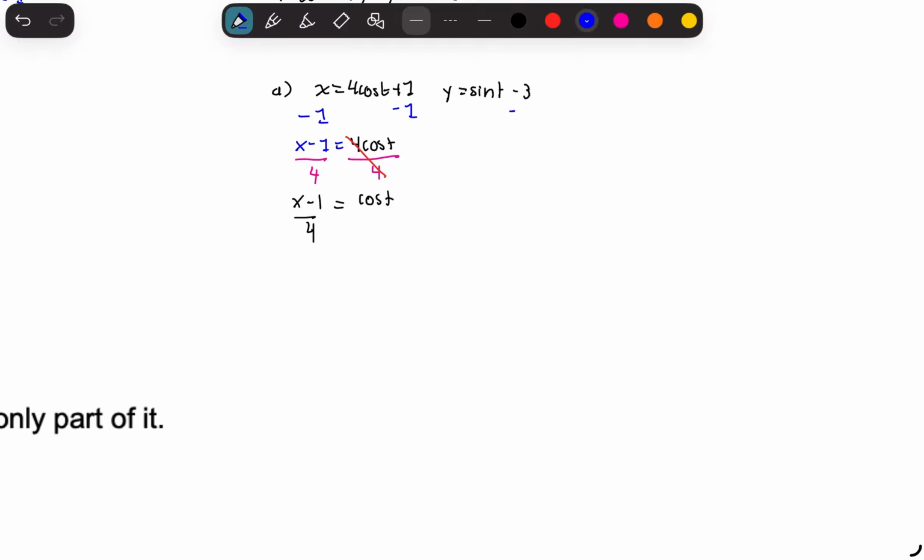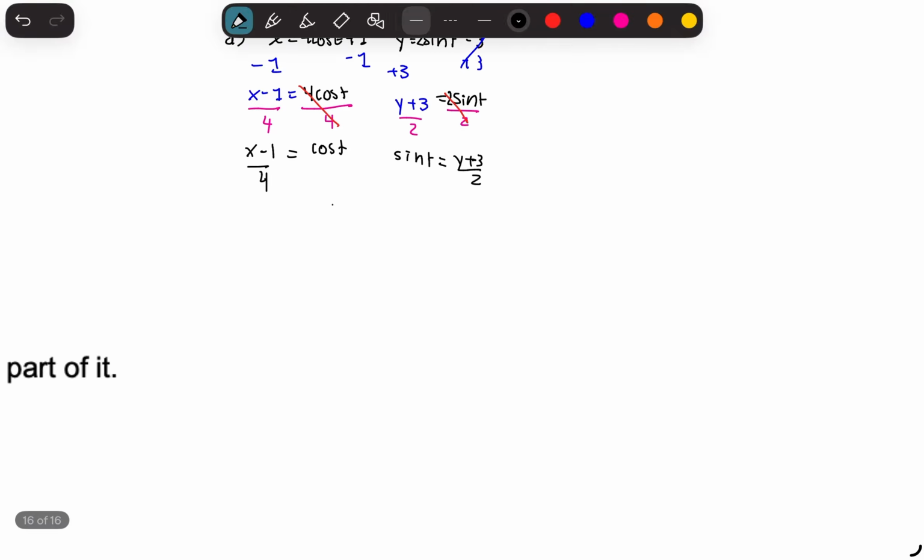Now here, y plus 3 is equal to 2 sine t. And sine t is equal to (y plus 3) over 2.